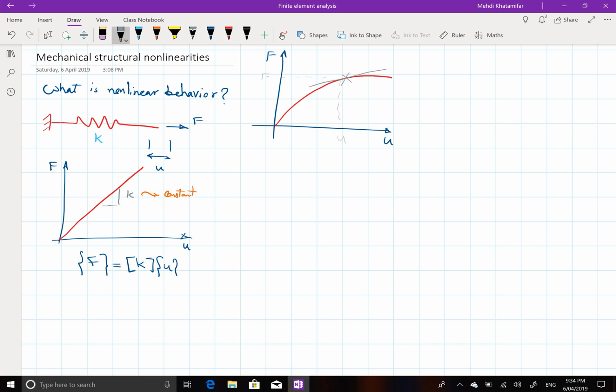So K is going to be the slope of that line. Here it is going to be like this. So K is going to be variable. When K is variable, we are going to say this material is going to have nonlinear behavior.